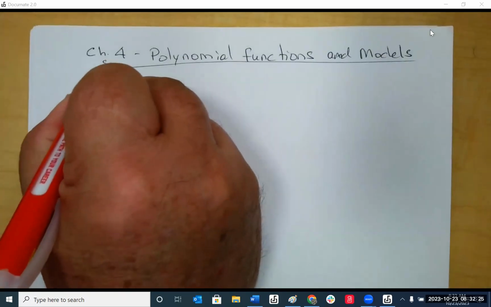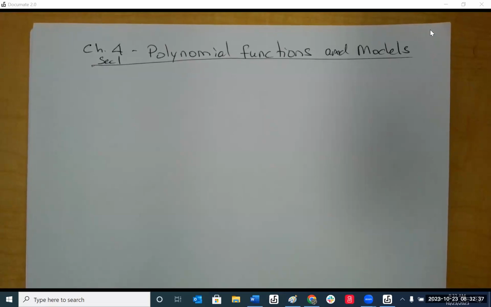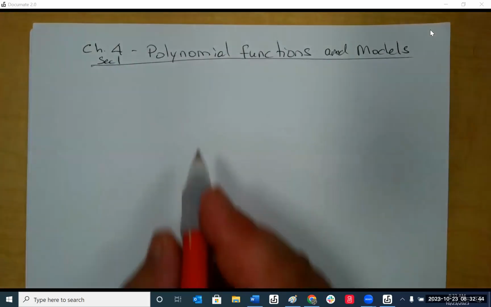No, this is section 1, sorry. Because chapter 4 deals with polynomial functions. Now is when we're going to really start to look at more. We've been stuck with small equations: linear equations, quadratic equations, absolute values, square roots. Now, a polynomial.